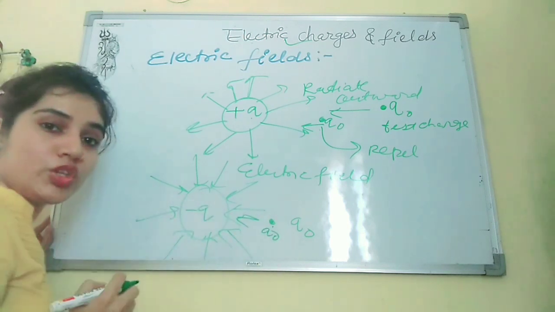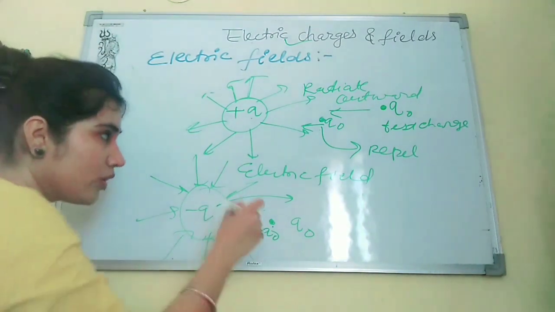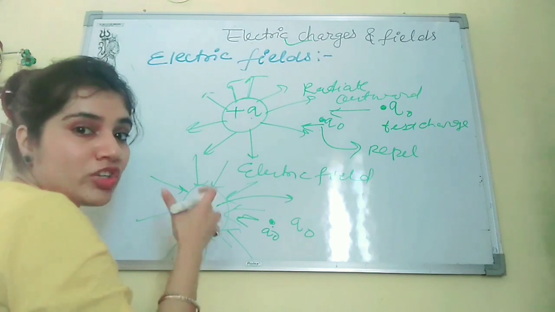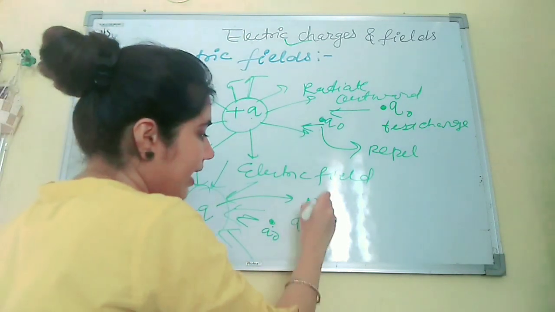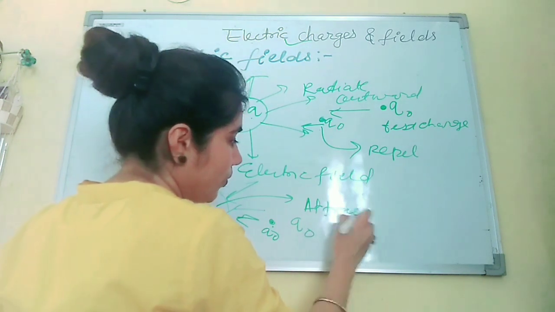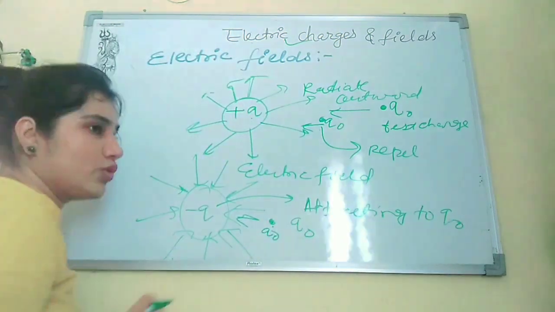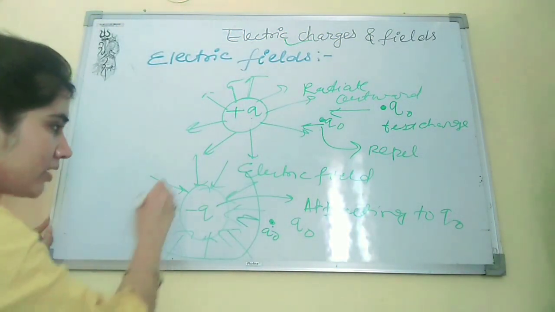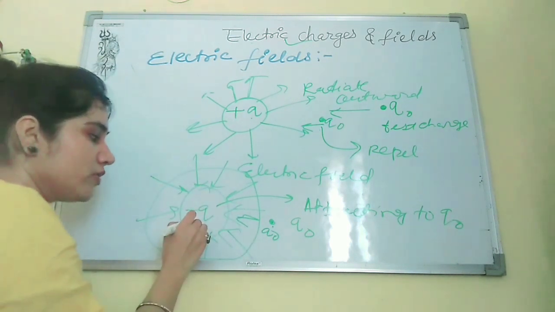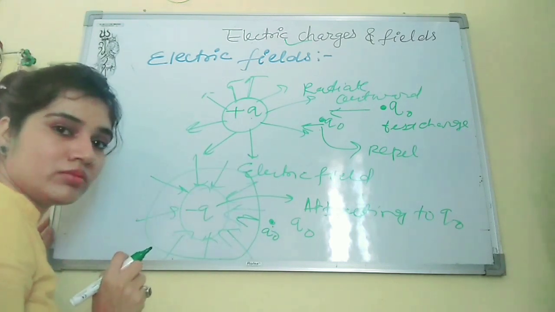Because of this minus Q, it is applying an electrostatic force that attracts Q naught. So this has also created an electric field, because this minus Q has its impact on this region.